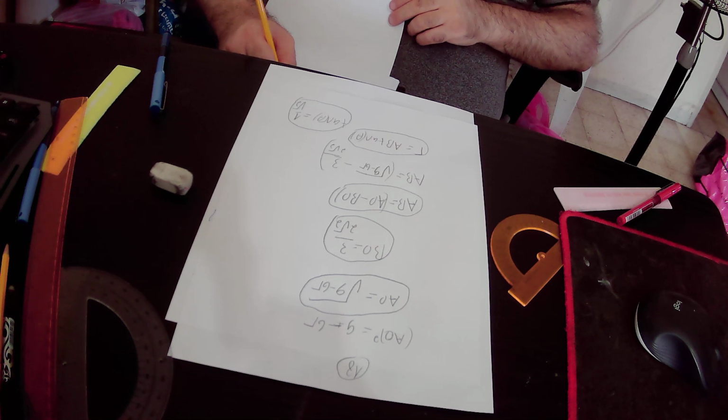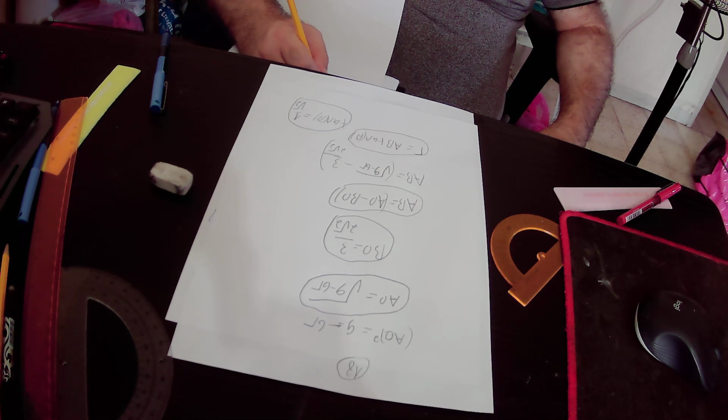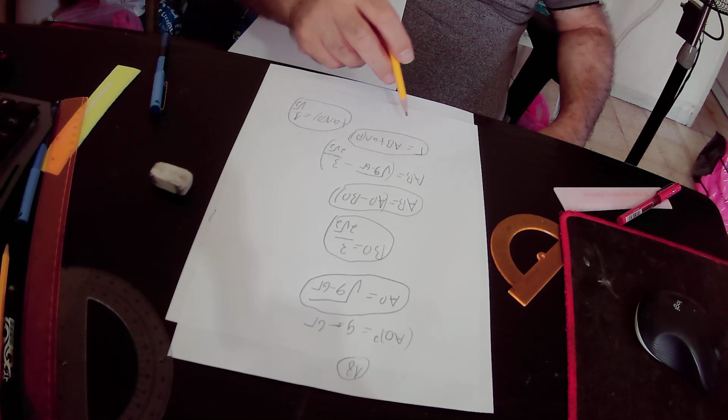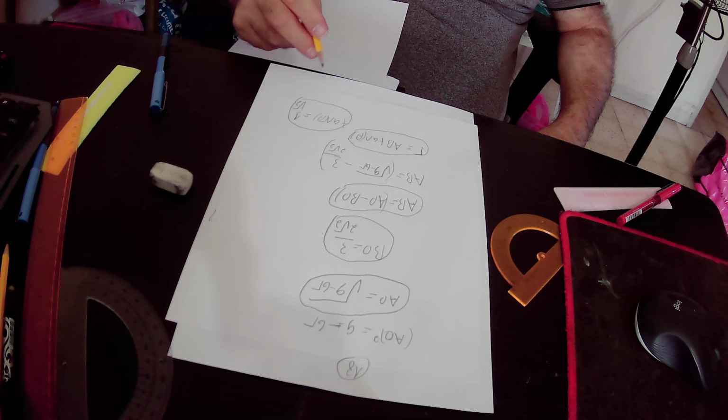So r equals AB. We will substitute AB by its value: AB equals the root of 9 minus 6r minus 3 over 2 times root 2, and tangent theta equals 1 over root 2.